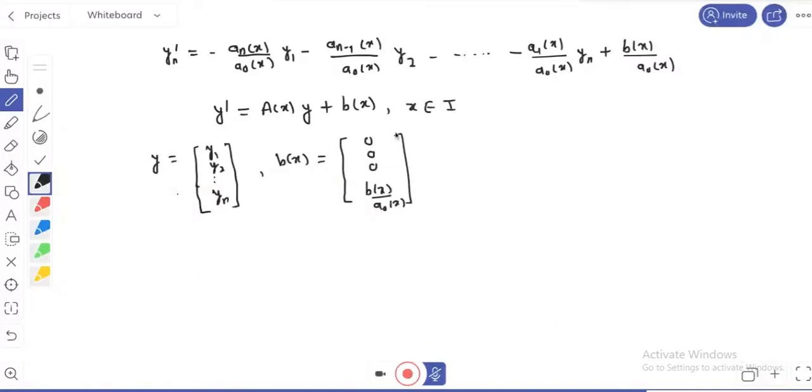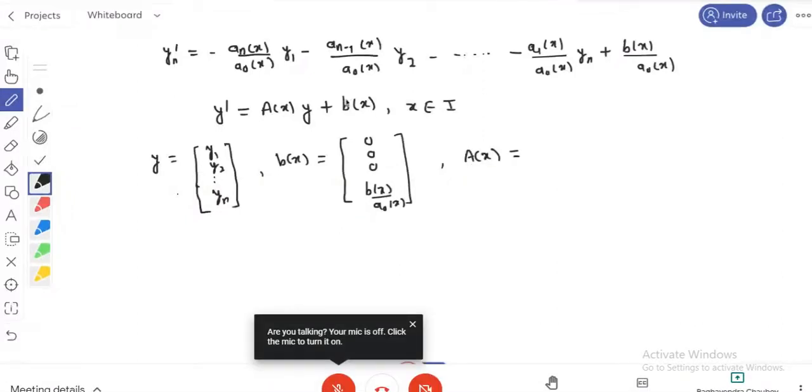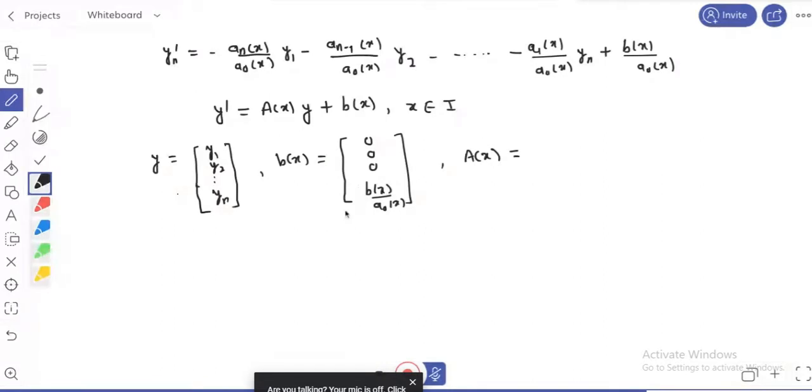And what is your matrix A? Here you can write the capital A(x) in this form. Don't confuse this B(x) and b(x).